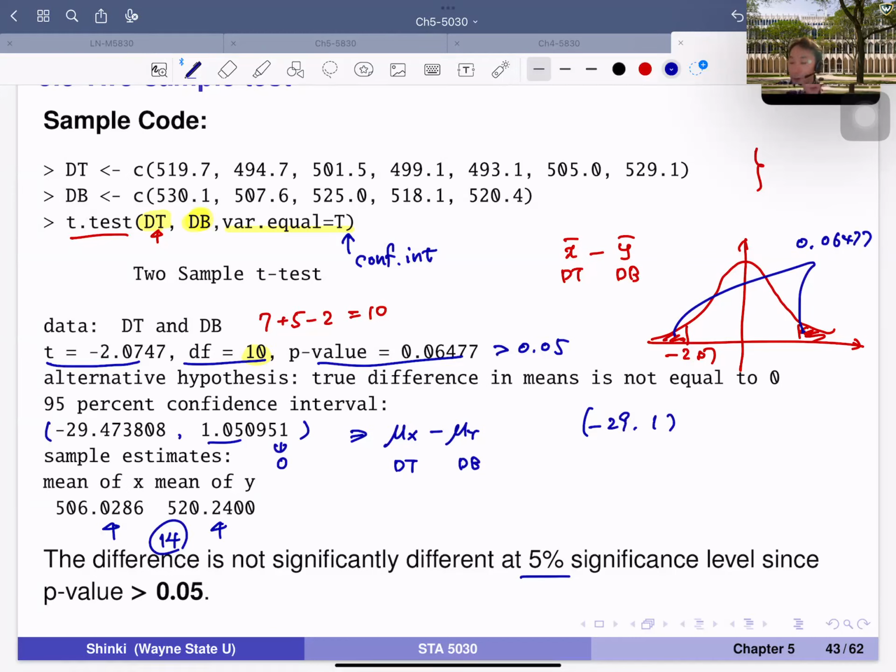We have the conf.level argument, and the default value is 0.95. So this default value is used to calculate the confidence interval. If we want to calculate, for example, a 90% confidence interval, then you can specify conf.level equal to 0.90, and then we get the 90% confidence interval here.